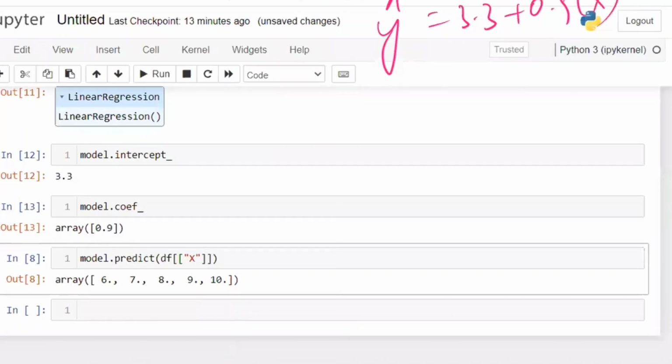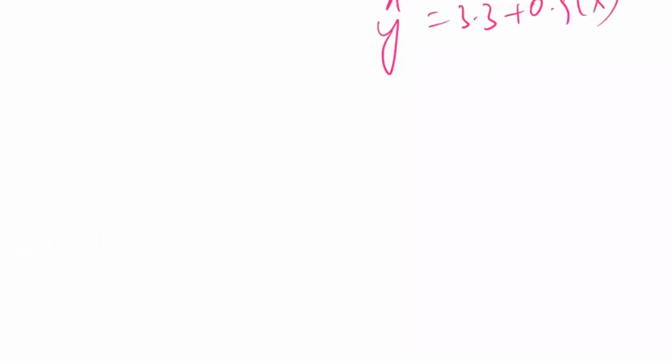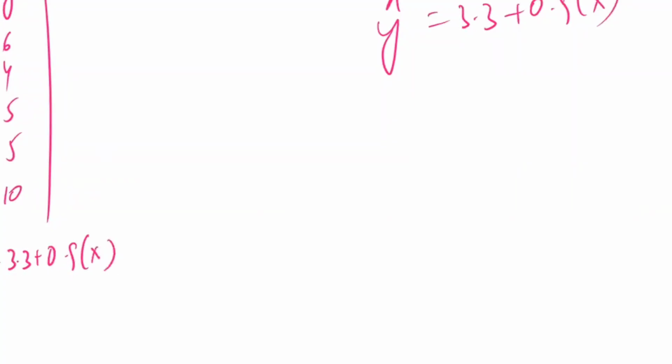Right? Now, x is 1, 2, 3, 4, 5, y is 6, 4, 5, 5, 10, and the equation you have got is 3.3 plus 0.9x. This we call modeling. Whatever we have done now is called modeling. So the first step is modeling.